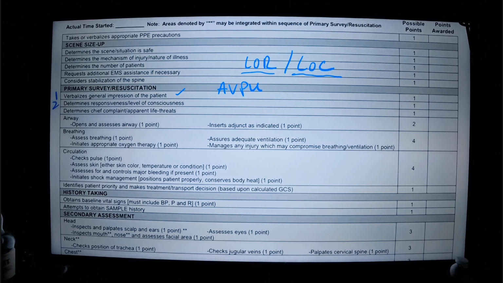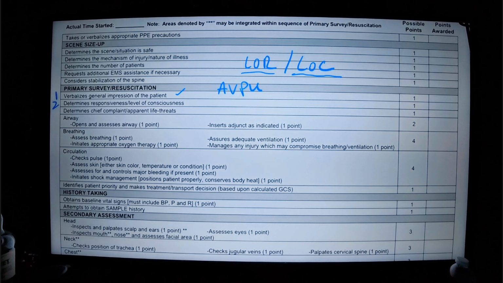And I'm sure you've seen this around. Alright. A stands for alert, B stands for verbal, P stands for pain, U stands for unresponsive. Okay? So level of responsiveness, and I'll give you an example.